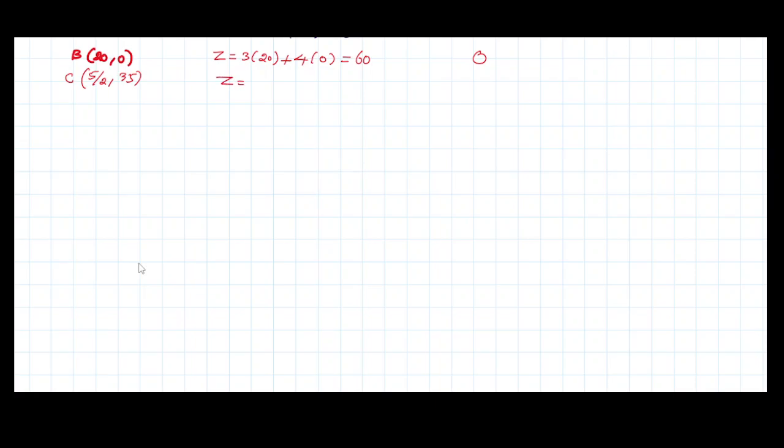At this point z equal to 3 into 5 by 2 plus 4 into 35, which is equal to 15 by 2 plus 140, which is 147.5.